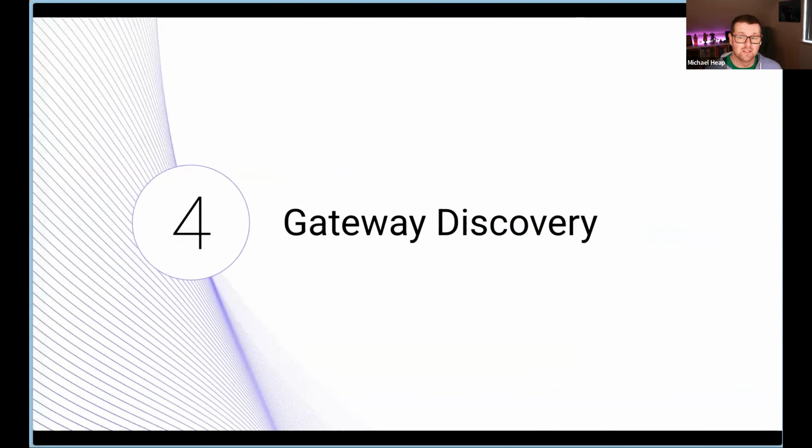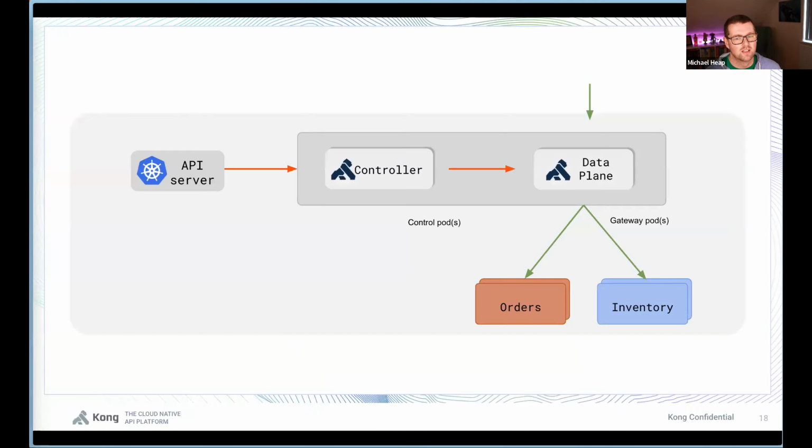And then finally, Gateway Discovery. And this is my favorite thing in the entire release. So we saw this earlier. The Kubernetes API server talks to the Ingress Controller, which talks to the data plane. But in KIC 2.8 and before, the Ingress Controller runs as a sidecar to the Kong Gateway data plane.